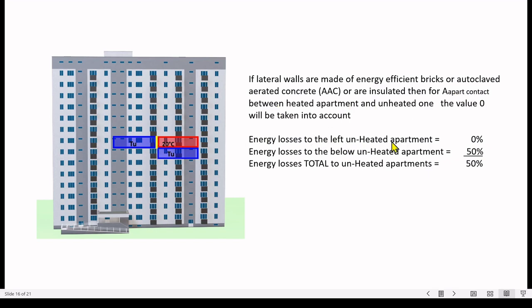So energy losses to the left will be 0. Energy losses to the below unheated apartment will become 50%. Why 50 and not 40? Because this time the total area of contact between heated and unheated apartment will be only those two slabs, and half of them will be 50%.